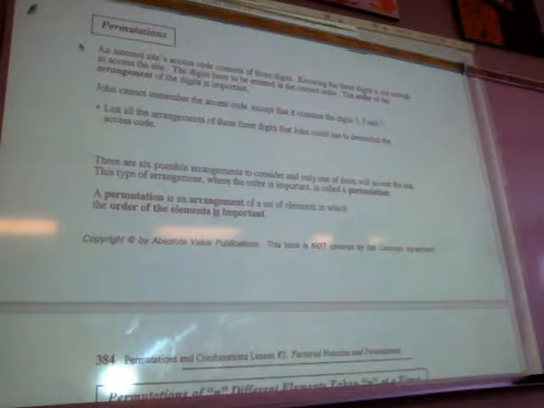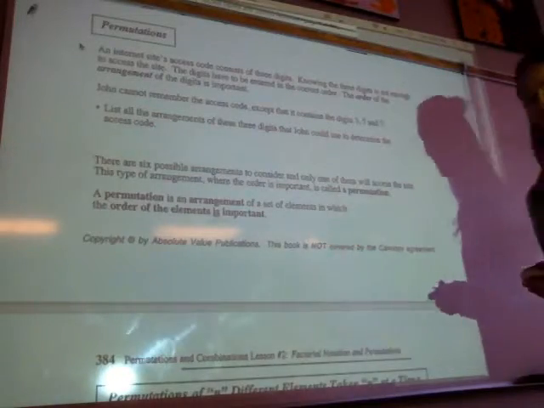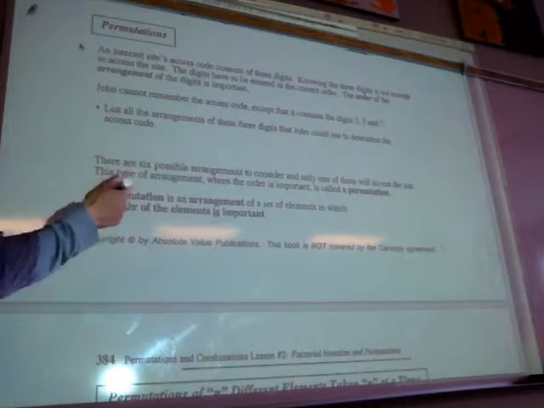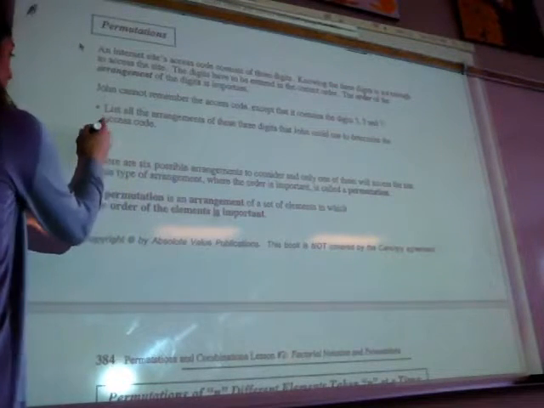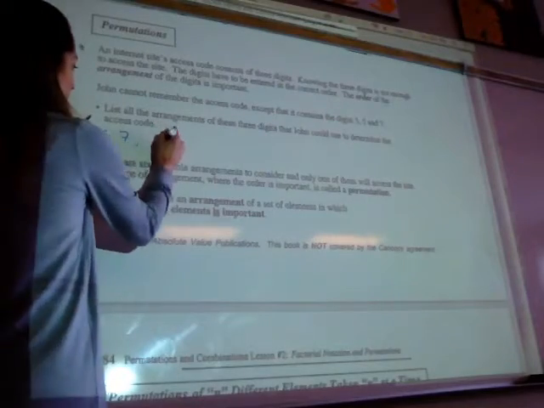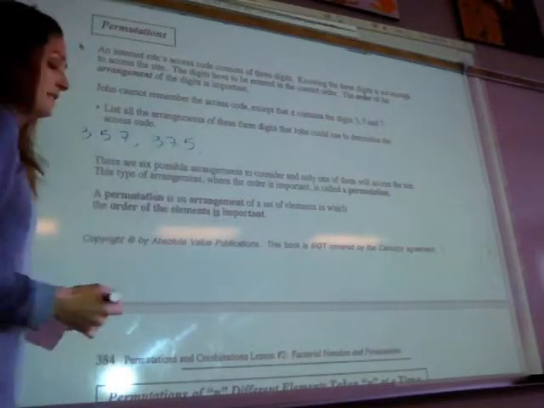Alright, so Bernie's got some highly classified information on his phone. We're trying to crack the code. He kind of remembers it's a 357 combination somehow, if there is a 3-digit password on his phone. So let's figure out those possibilities. We could have 357. We could have 375.